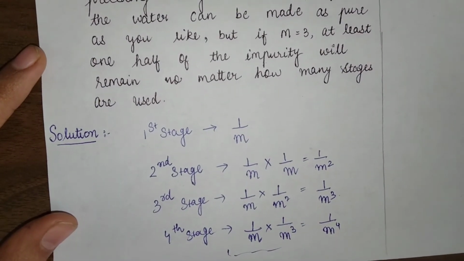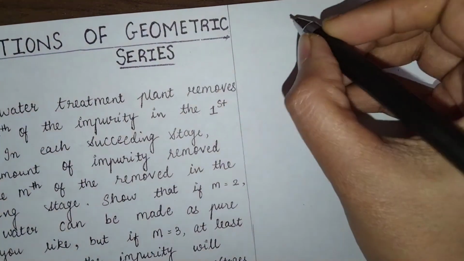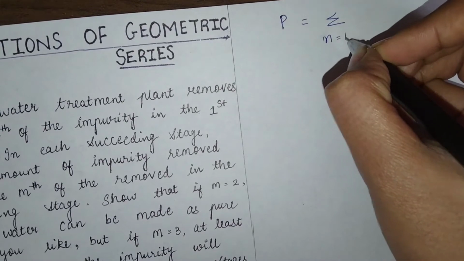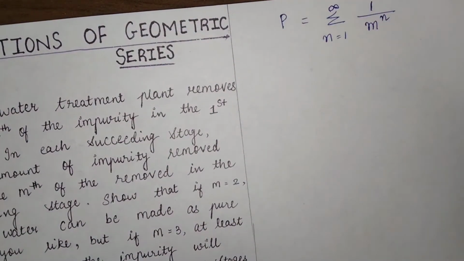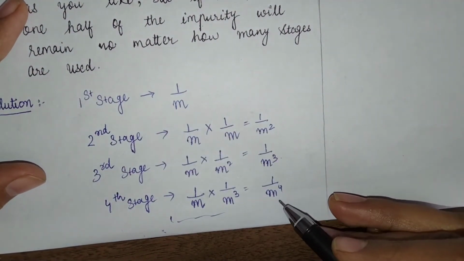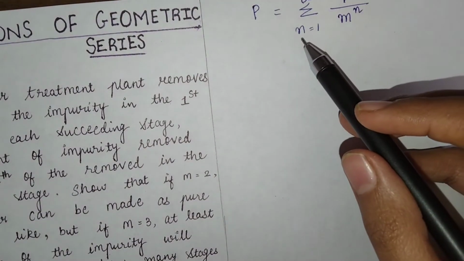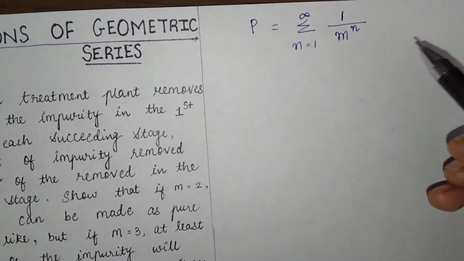So we can write that P is equal to summation n equal to 1 to infinity 1 upon m raised to n, because here we get 1 by m, 1 by m square, 1 by m cube, 1 by m raised to 4 and so on.